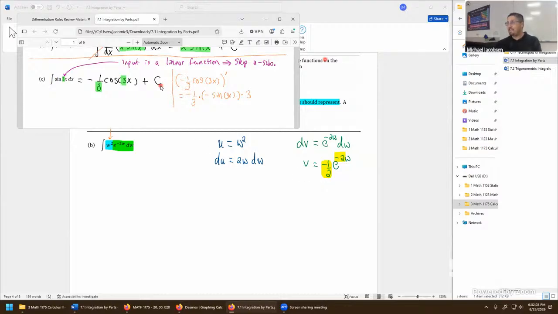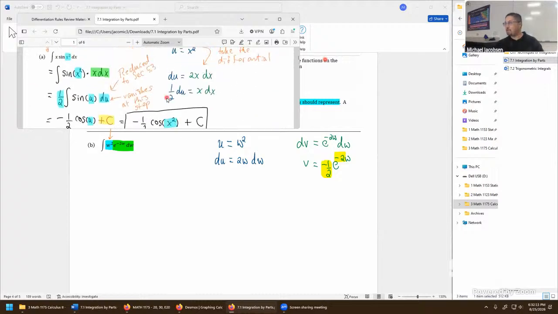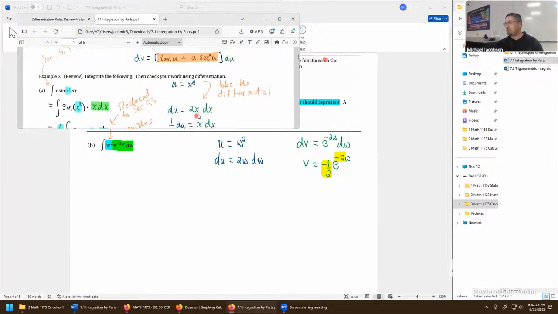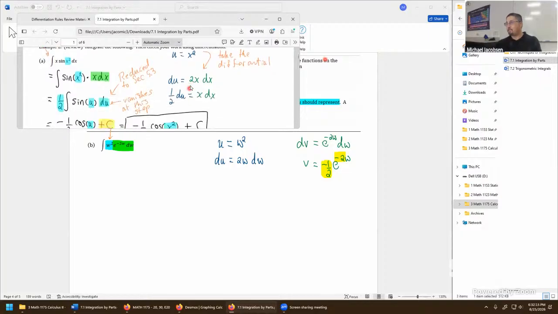Next other interesting thing is we don't add on the constant. We want the simplest antiderivative, so we stop right there. And u substitution can sometimes get us mixed around. For example, when we did that differential, we moved that 2 over to the left-hand side because 2 wasn't in the integrand. But we never do that here. If there's a 2 in that spot, it's got to stay in that spot. So integration by parts is really a whole new kind of way to operate.